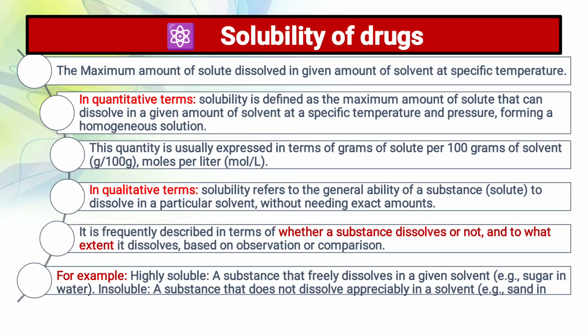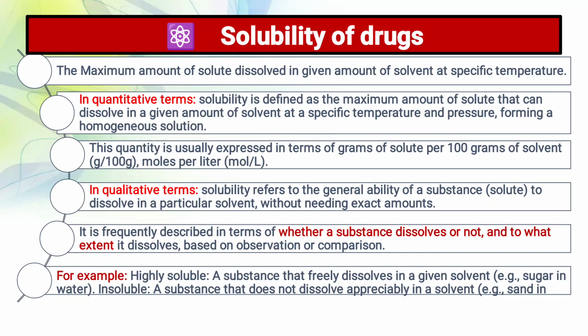Solubility is the maximum amount of solute dissolved in a given solvent at a specific temperature. In quantitative terms, solubility is defined as the maximum amount of solute that can dissolve in a given amount of solvent at a specific temperature and pressure, forming a homogeneous solution. In qualitative terms, solubility refers to the general ability of a substance, the solute, to dissolve in a particular solvent without needing an exact amount.